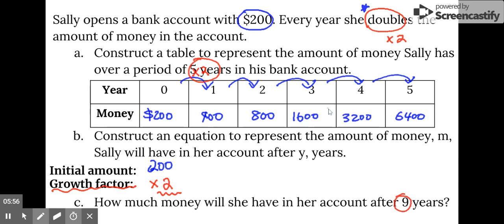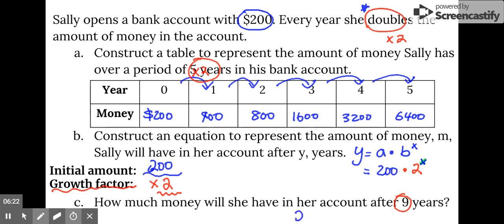So as we talked about the form of the exponential growth, let's go back to the exponential function. You have the initial amount and you have the growth factor to the x power. Initial amount 200, and growth factor 2, so 200 times 2 to the x power. So now, what about 9 years?